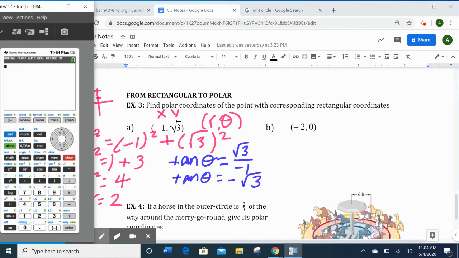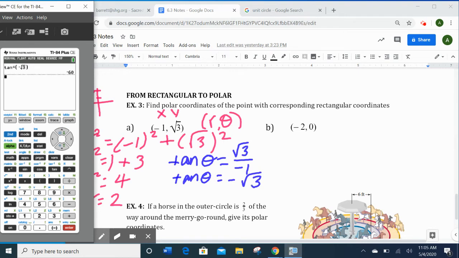So I can use my calculator. I just have to be careful. So first of all, what mode should I be in? It doesn't say. Let's be in degree mode, because once I know the degree, I can always change it to radians if I need to. So tangent inverse of -root 3 is -60 degrees.